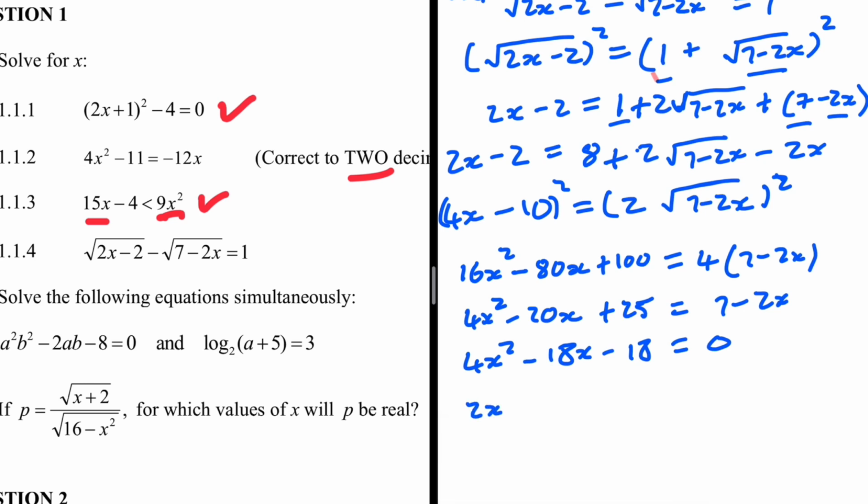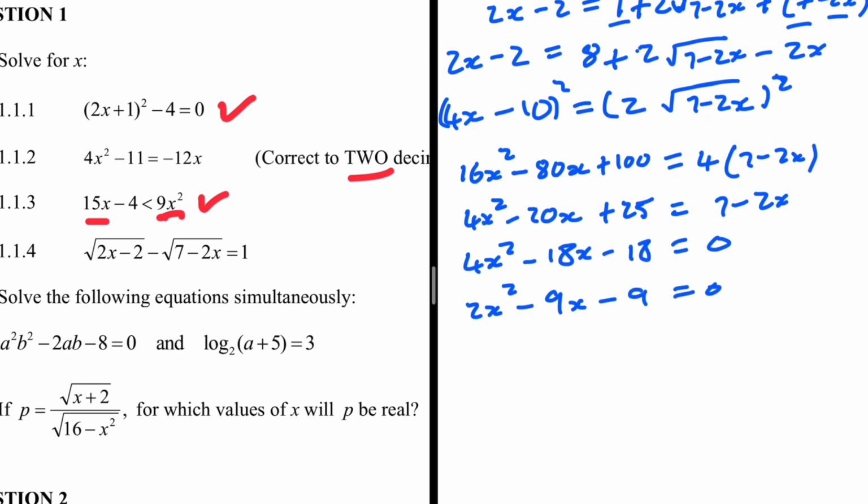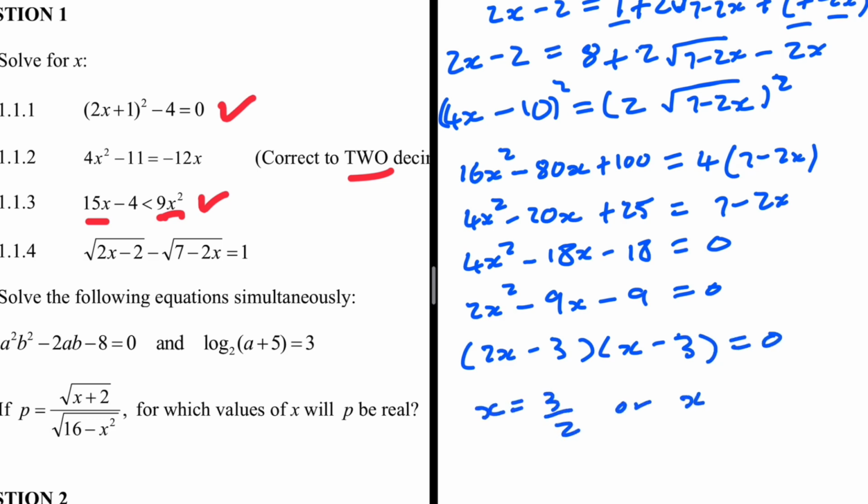Get 2x squared minus 9x plus 9 being equal to 0. So let's go ahead and factorize. In factorizing this, we are going to get 2x minus 3 multiplied by x minus 3 being equal to 0. So x is equal to 3 over 2, or x is equal to 3.